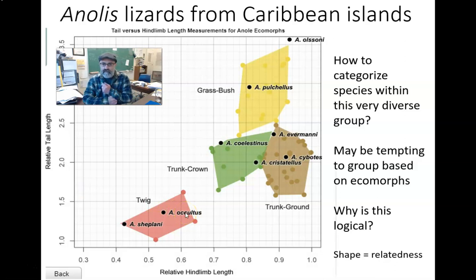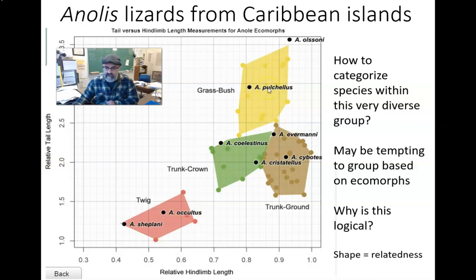The interesting thing is that these groupings are not only morphologically related, but also related to the ecology of the groups. These two, Anolis sheplini and Anolis occultus, have a unique shape: a relatively short hind limb length and a relatively short tail length too. So they have short tails and short limbs.